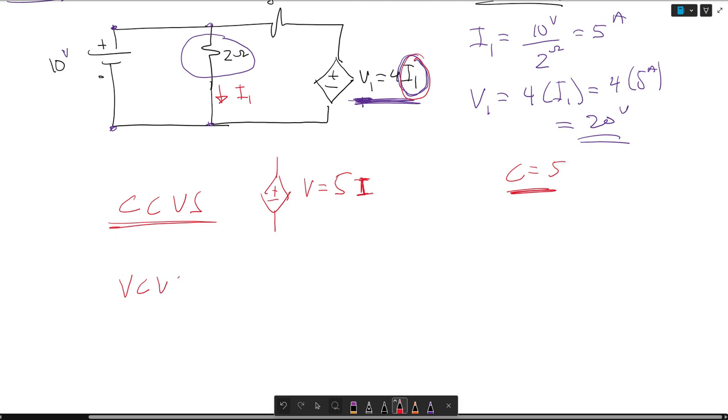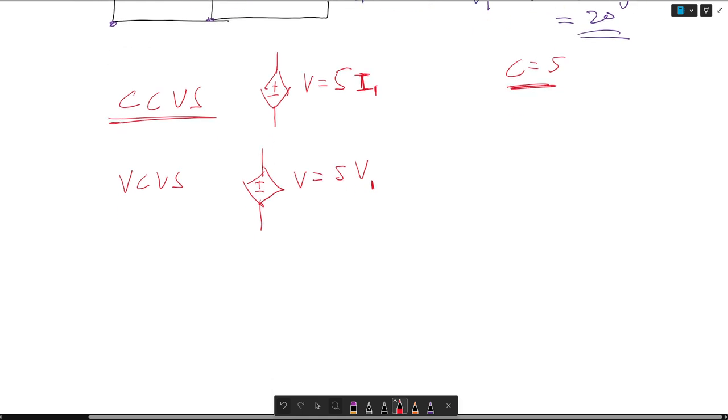You can have a voltage controlled voltage source, which looks like this, and V is equal to 5 times V1. And then you can also have a current controlled current source, which looks like this. So the current I will be equal to 5 times I1.